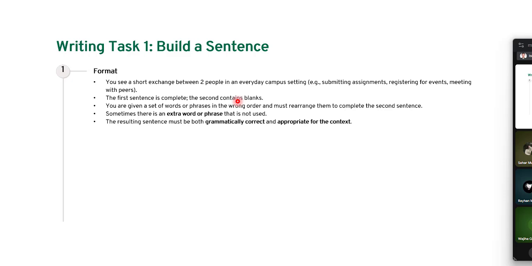So those blank spaces should be filled with words that give you a complete idea based on the first sentence, based on the scenario that is given at the beginning.